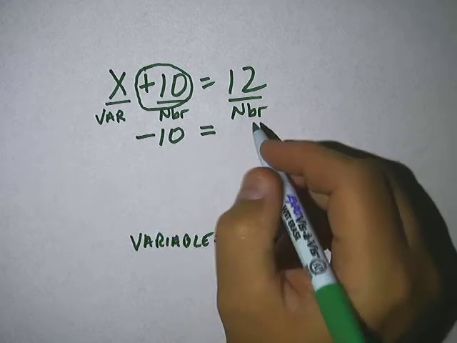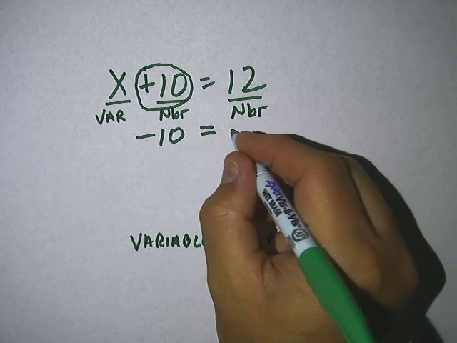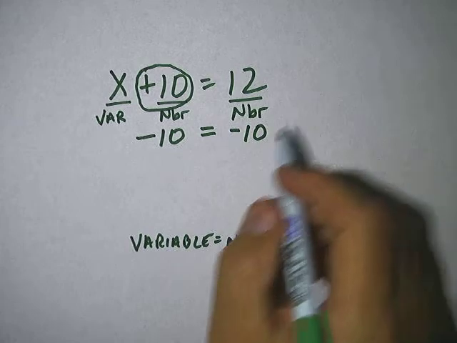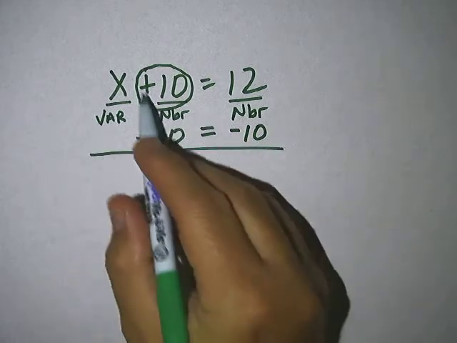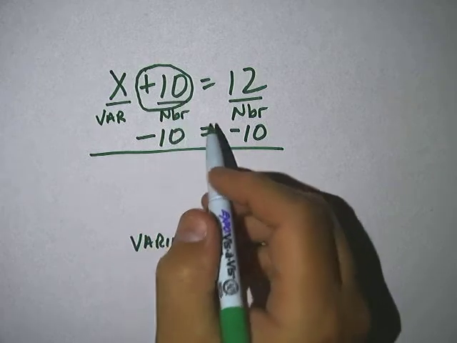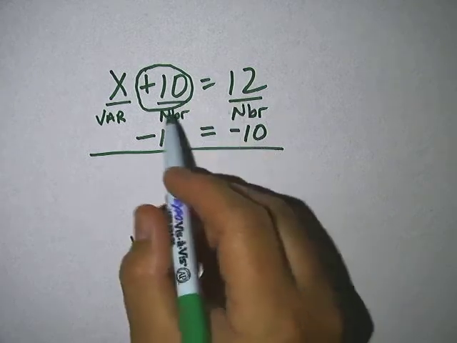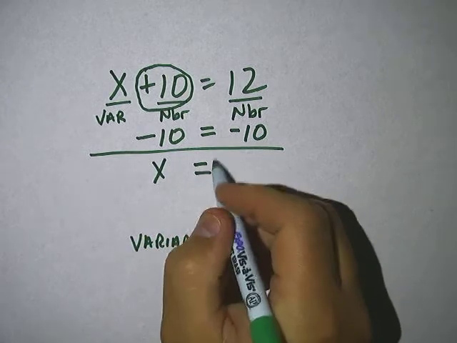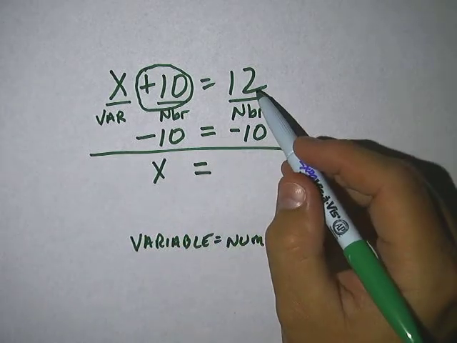Now this equal sign is a pretty demanding character. It says if you do something to the left, make sure you do it to the right. So I'm going to subtract 10 from over here to keep everything in balance. When I do that, well, x plus 10 minus 10, the plus 10 and the minus 10 go to 0, which was my goal. The only thing left over there is x, so I'm going to bring it down.